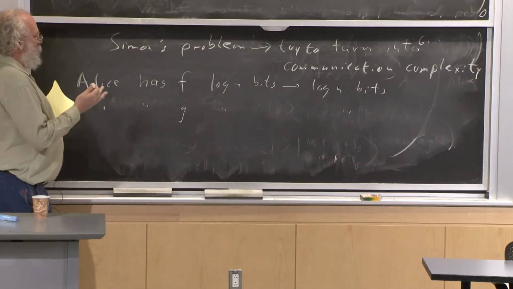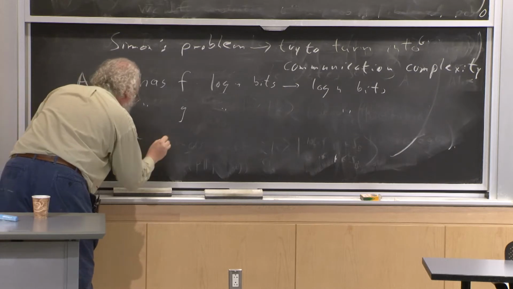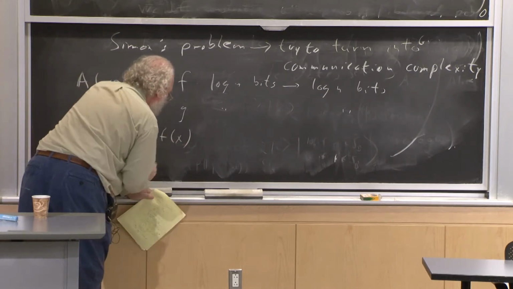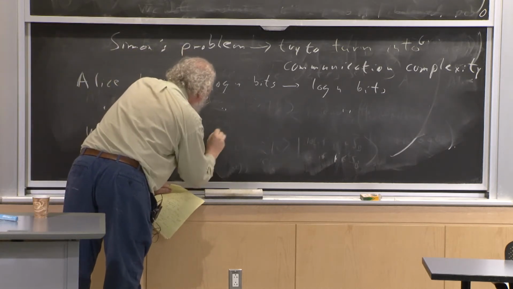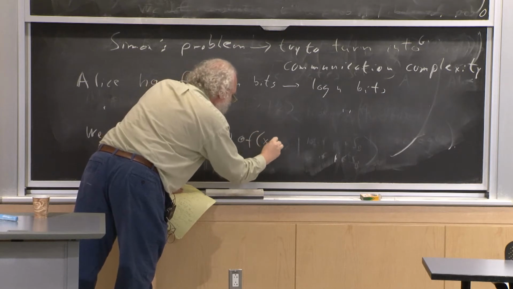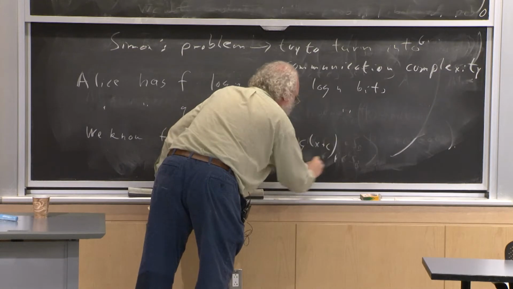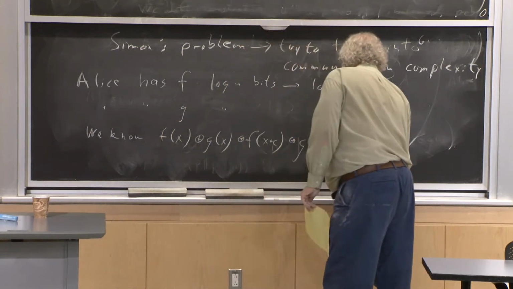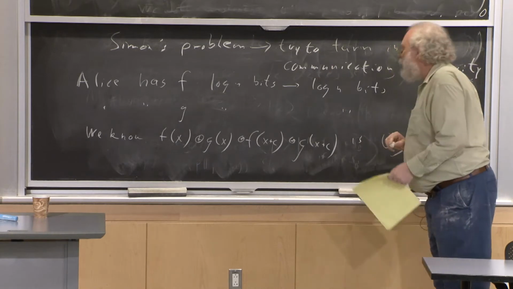And we know, F of x plus G of x plus F of x plus c plus G of x plus c is, I want to say, it's 0.